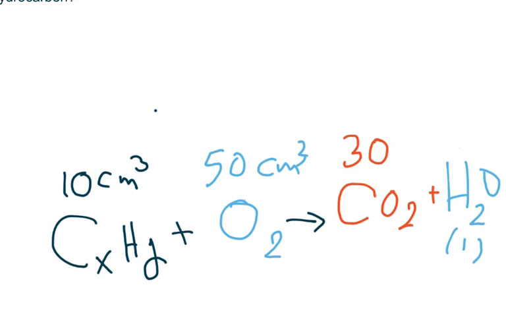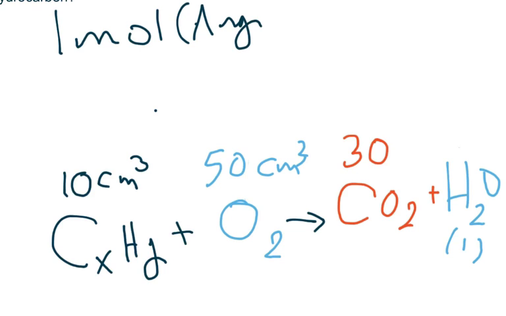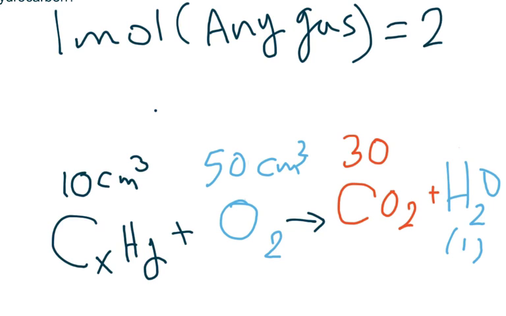So what's so special about gases is that we can actually use their volumes as a stoichiometry. Because remember that 1 mole of any gas occupies 24 decimeter cube, right?